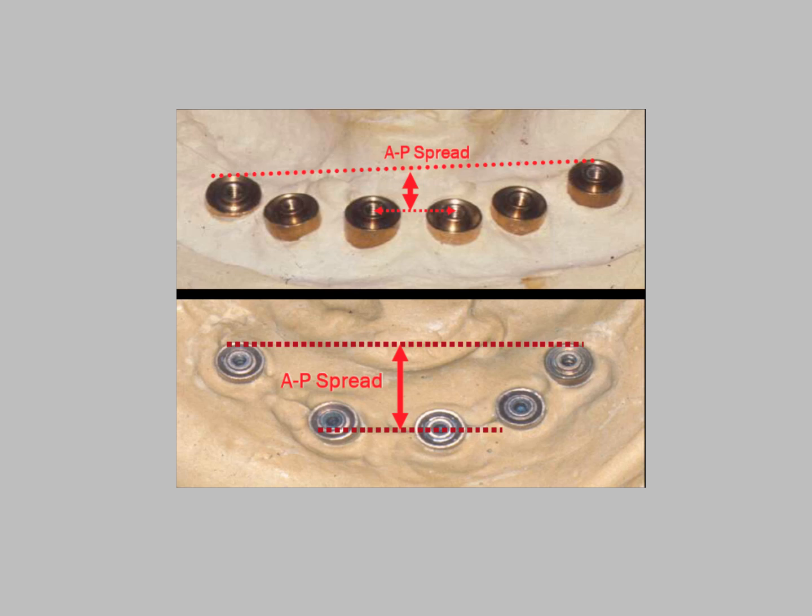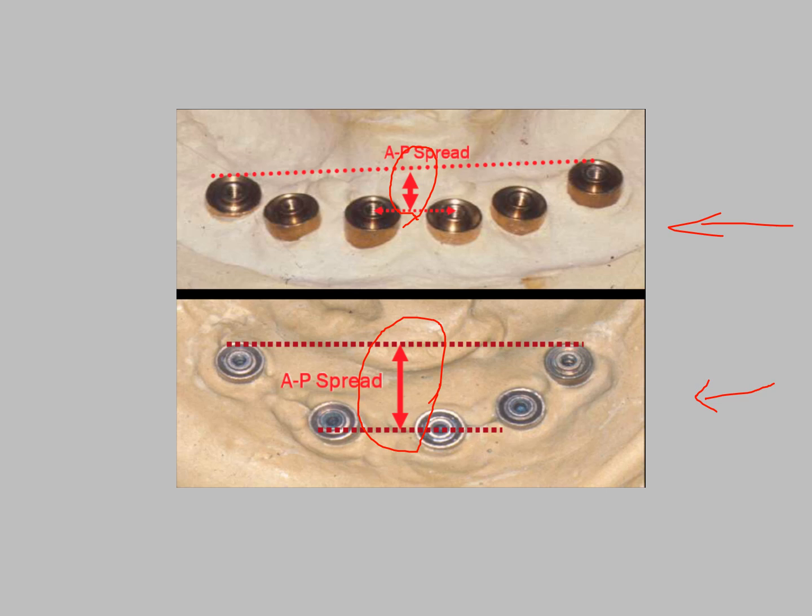Let's look at an example. If we see 4 or 6 implants in the upper picture, and we have 5 implants in the lower picture, but we have a bigger AP spread here than here. So what we need to know is that it's about the distribution of the implants.